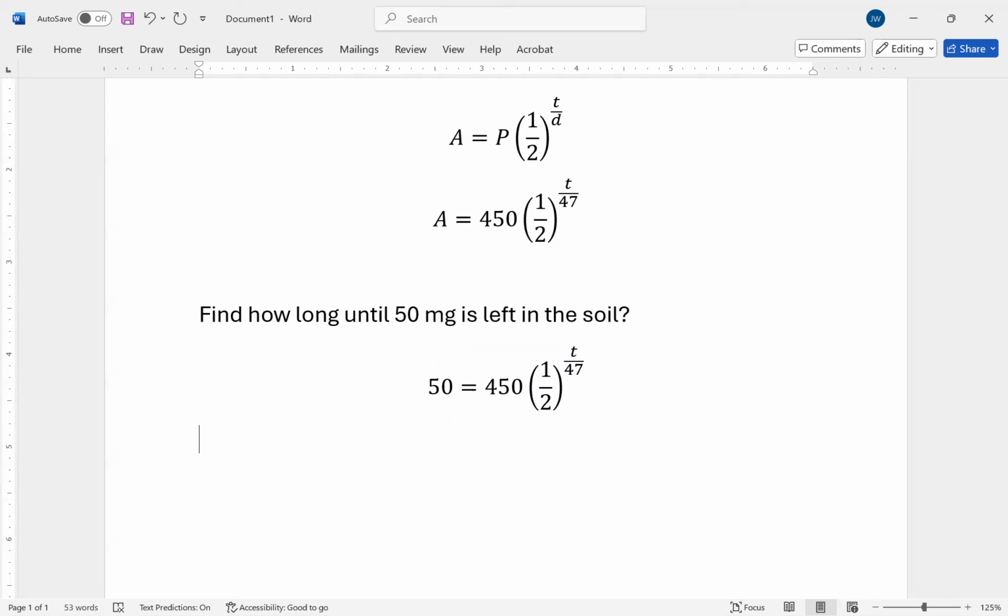We can solve this exponential equation the same way we solve any other exponential equation of base 1/2. I would start out by dividing both sides by 450. If I do that on the left-hand side, 50 divided by 450 becomes 1 over 9.